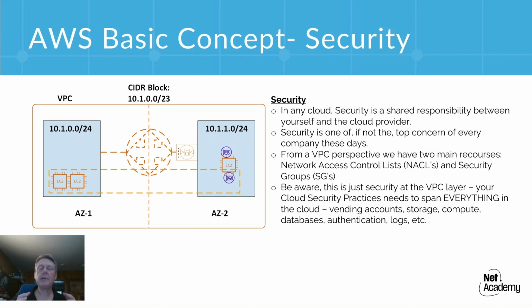Security needs to permeate everything you do in the cloud, right? From how you create and utilize accounts to the storage you provision, the compute you spin up, the databases you configure, the authentication you provide, the logs that are gathered, and everything else, right? You really need a holistic cloud security approach, particularly if you're going big on cloud.